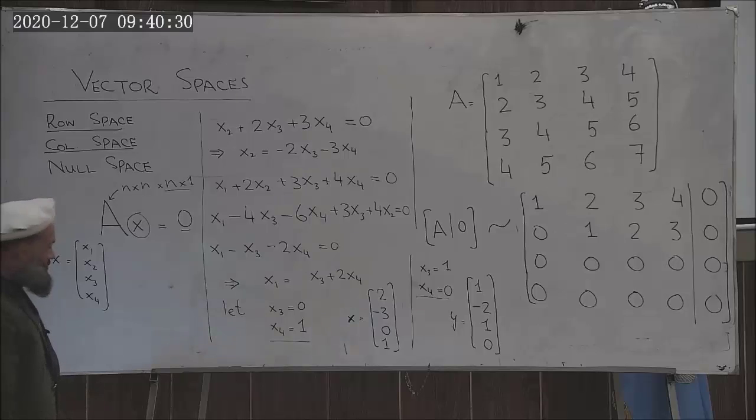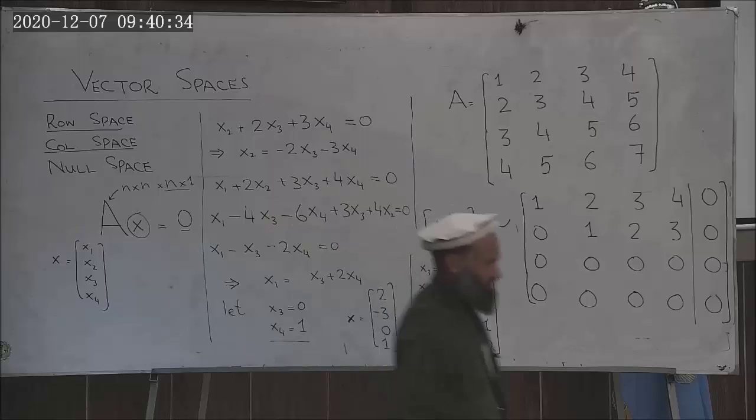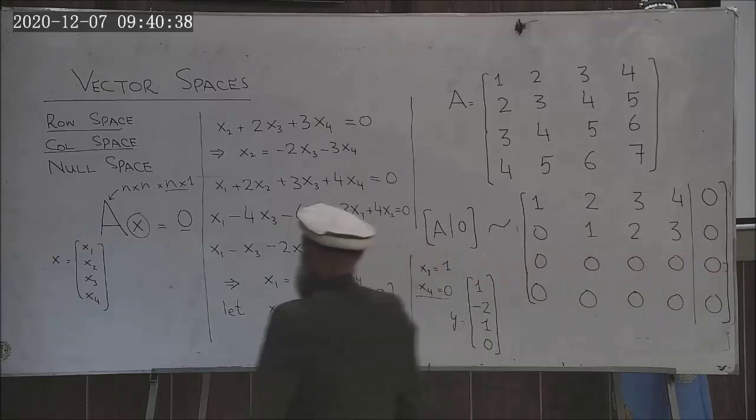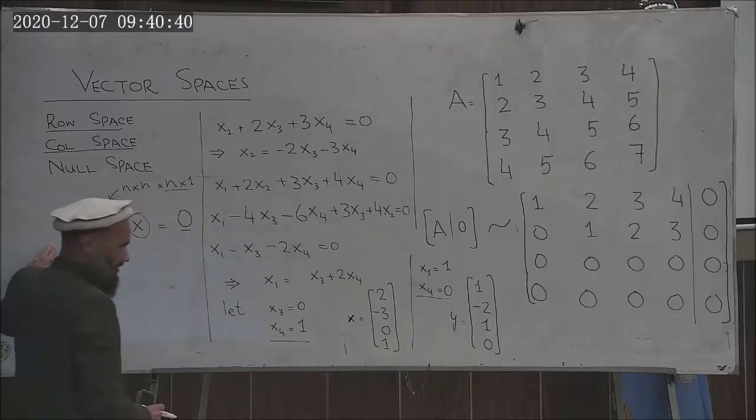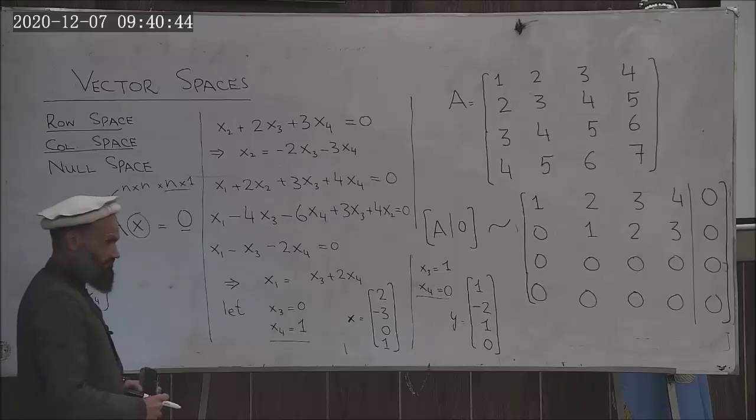So only two components of this vector can be chosen, and therefore there will be only two vectors that can be independently generated.